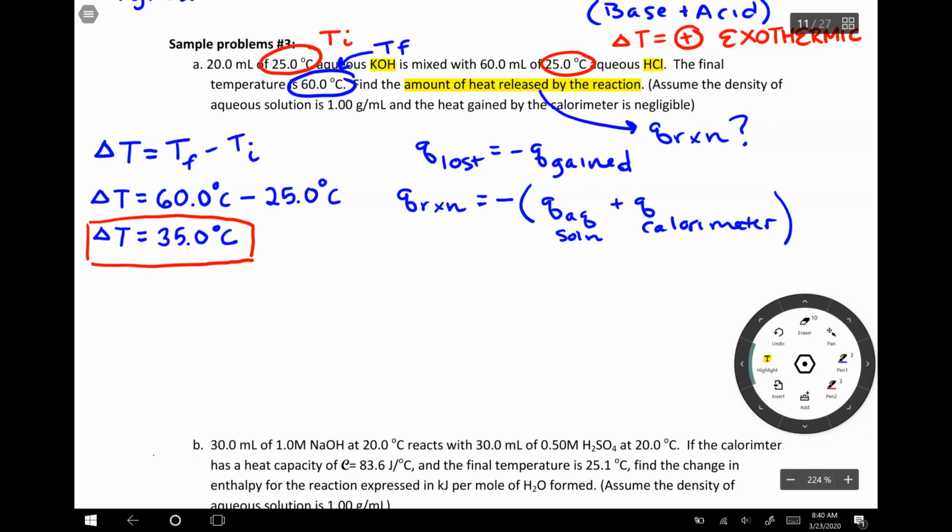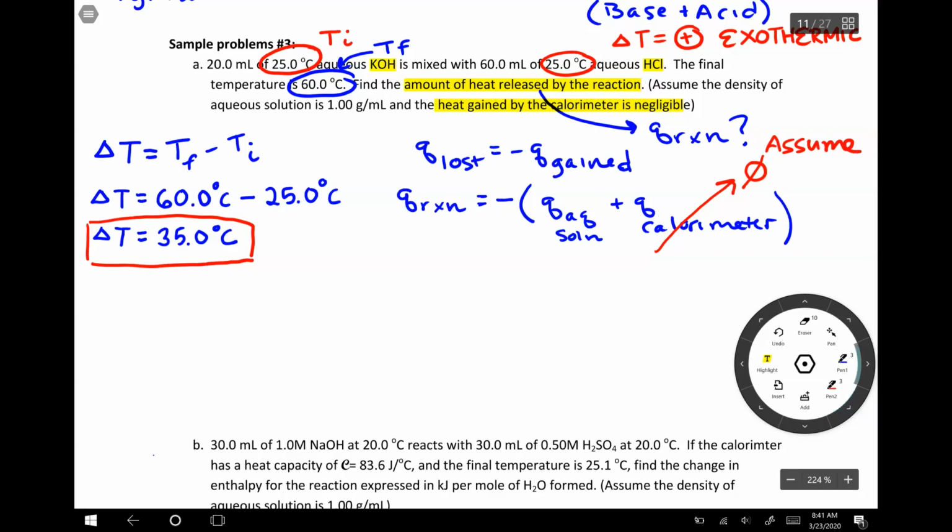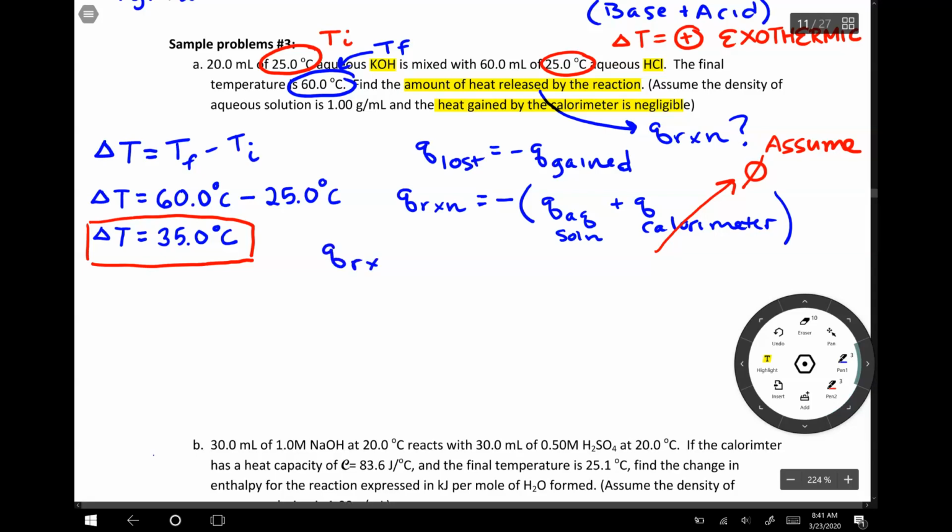Now, because this problem here says that the heat gained by the calorimeter is negligible, what that means is that I'm going to set Q calorimeter equal to 0. I'm going to assume that it doesn't gain any heat, and I'm just going to ignore that term. In which case, what my equation becomes is Q reaction is equal to the negative Q of my aqueous solution. That's all that I've got left.